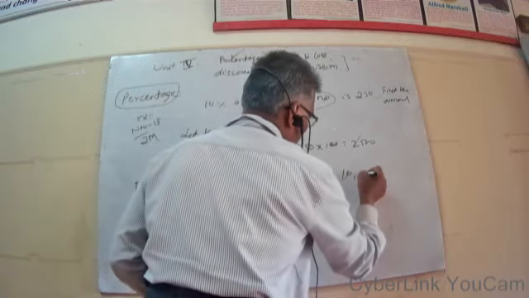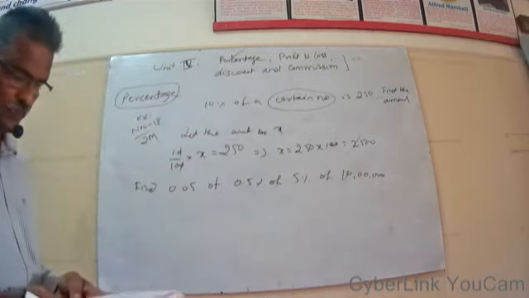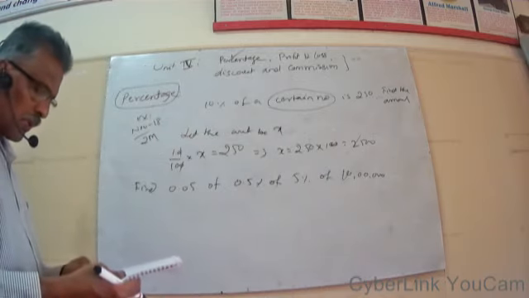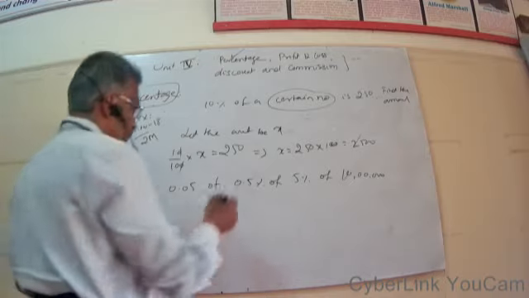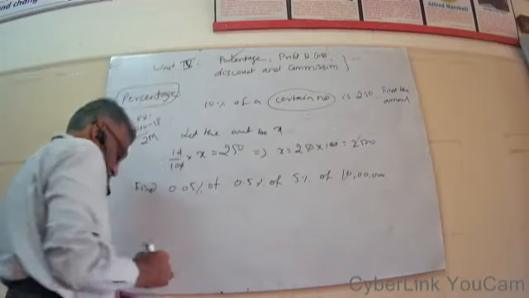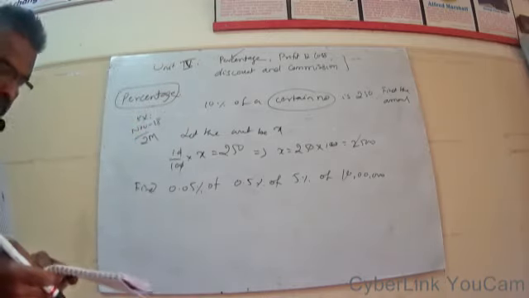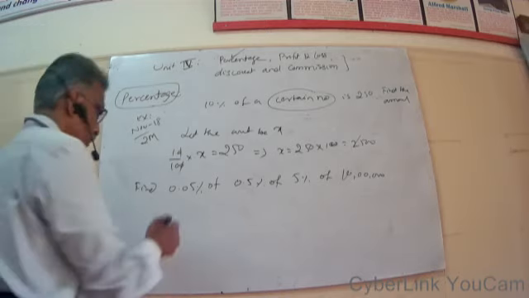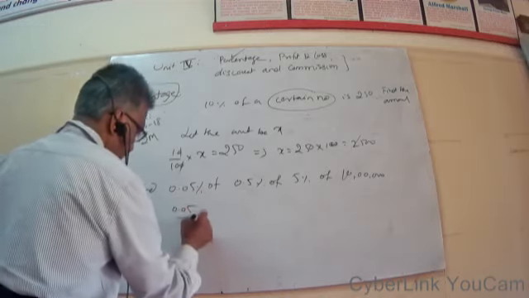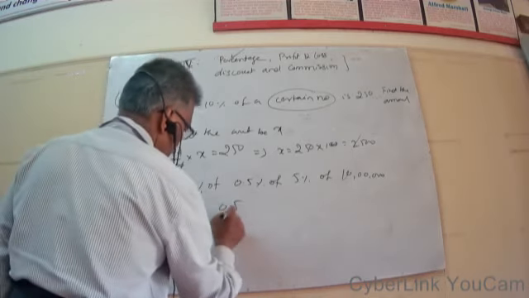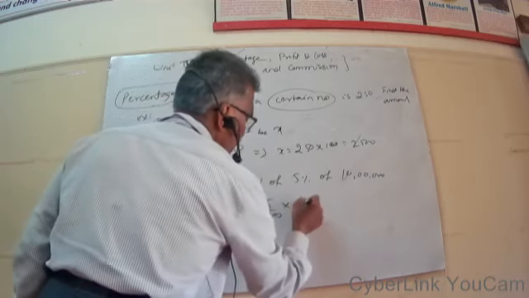So this is nothing but 0.05 divided by 100 into 0.5 divided by 100 into 5 divided by 100 into 10 lakhs.